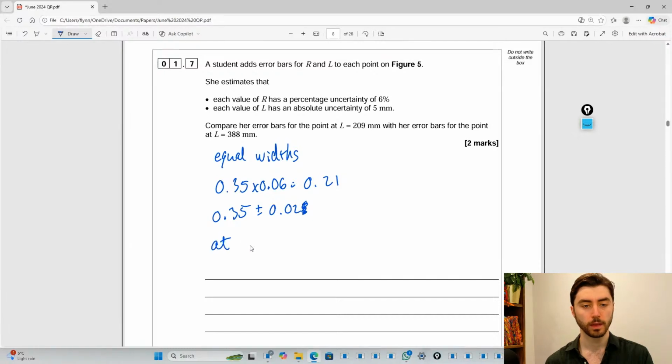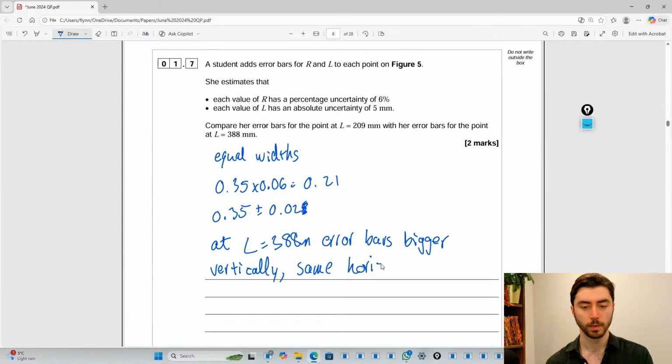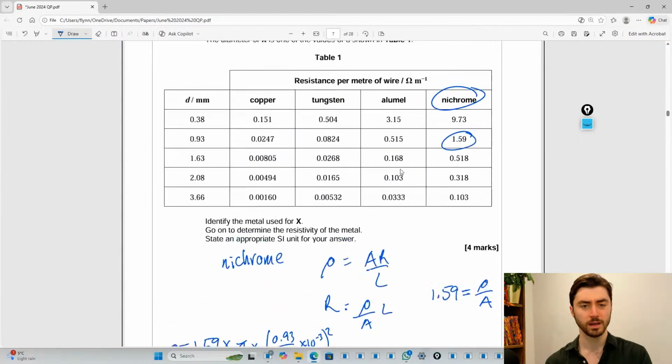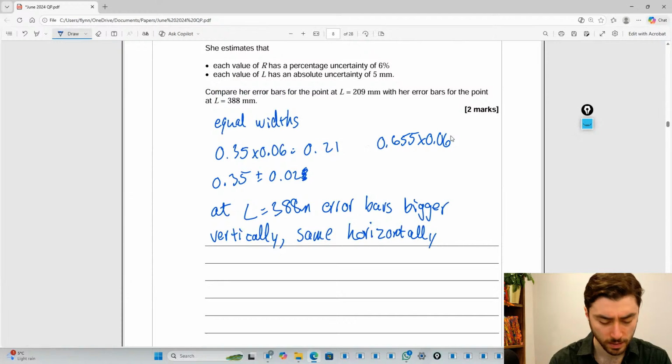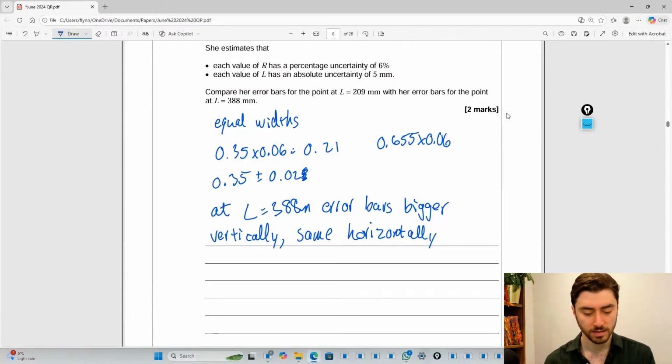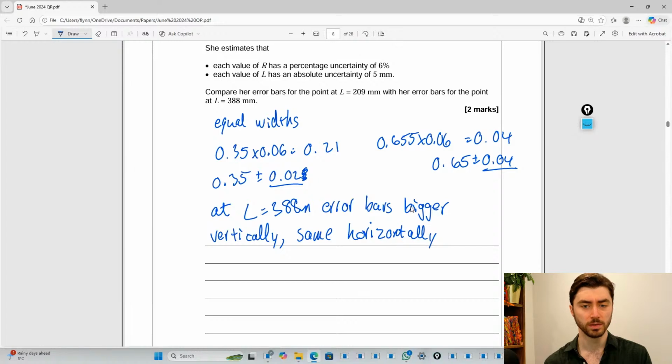At L equals 388 millimeters, error bars are bigger vertically, same horizontally. Just so I can get any sort of mark, I'll call it 0.655 times 0.06. So 6% of that is roughly 0.04. So we can see it's in fact about double. It's bigger vertically, almost twice as tall.